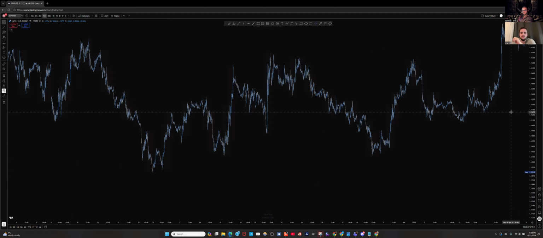So that should be a clear sign that we always need to pay really close attention to these details, because these details provide us with the information to see where price is going, and which traders need to be taken out first to then have a reversal or a continuation from there. 100%, guys.